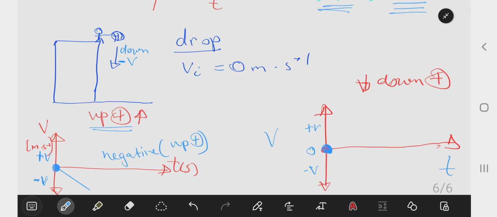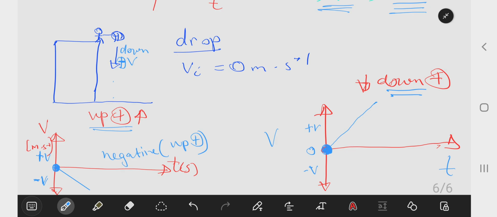So this object was dropped, initial velocity equals 0. If I said downwards is positive and the object is also going downwards, then it will cover a positive velocity. It will increase in the positive direction of the velocity up until it bounces.